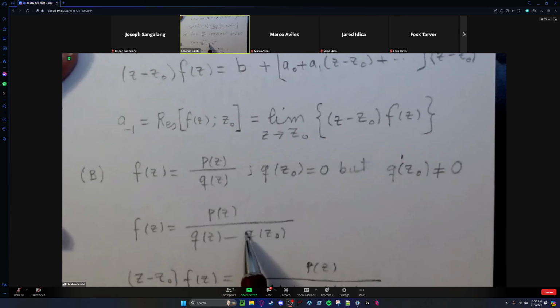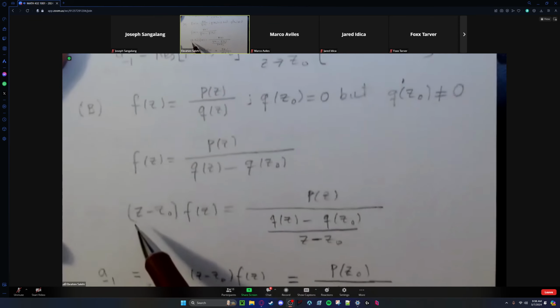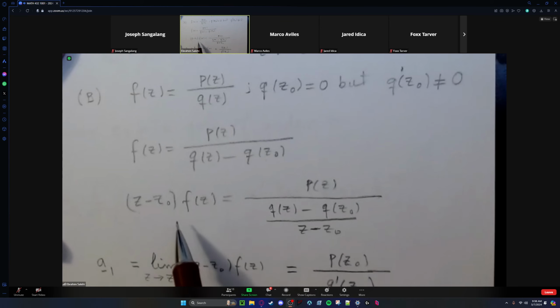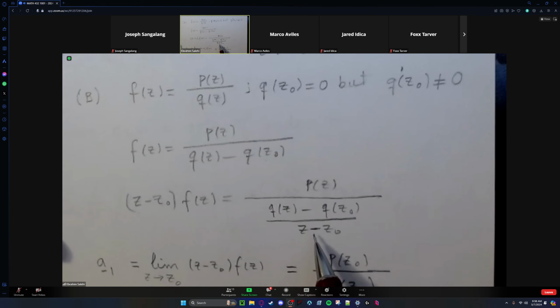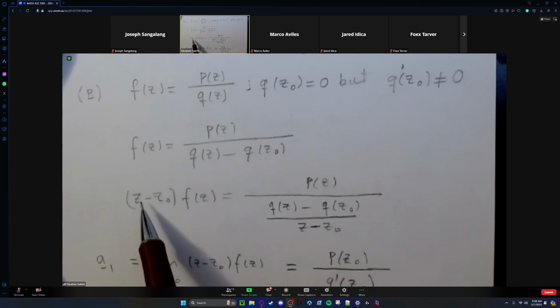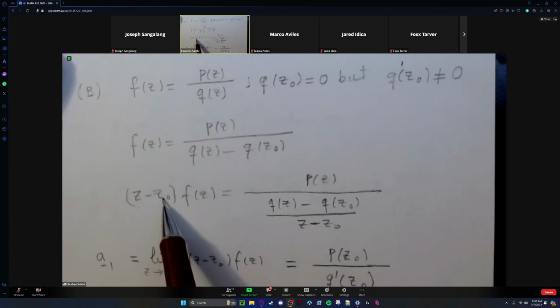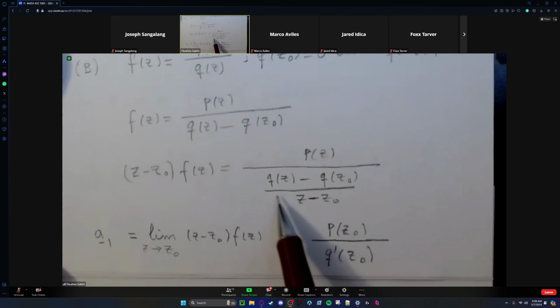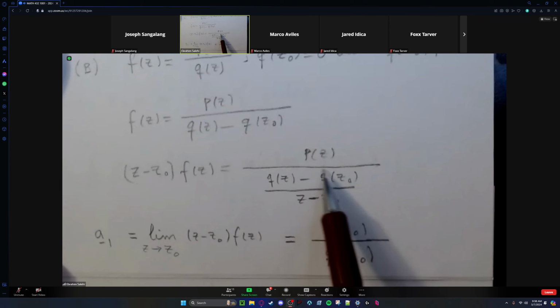Since this is 0, it doesn't matter. I just subtract 0, then divide by z minus z naught if you multiply by z minus z naught. Then this is what you get. As z approaches z naught, the limit of this denominator gives you the derivative of the denominator.